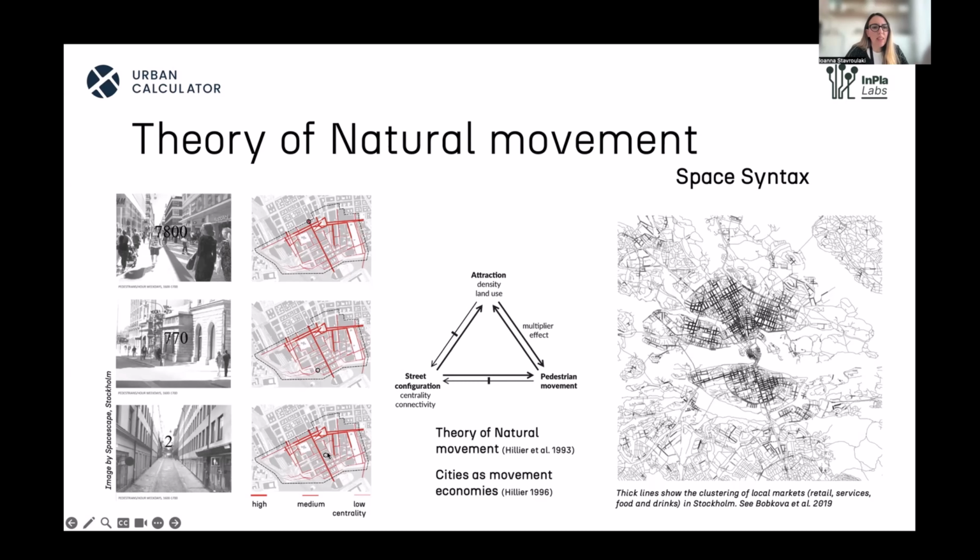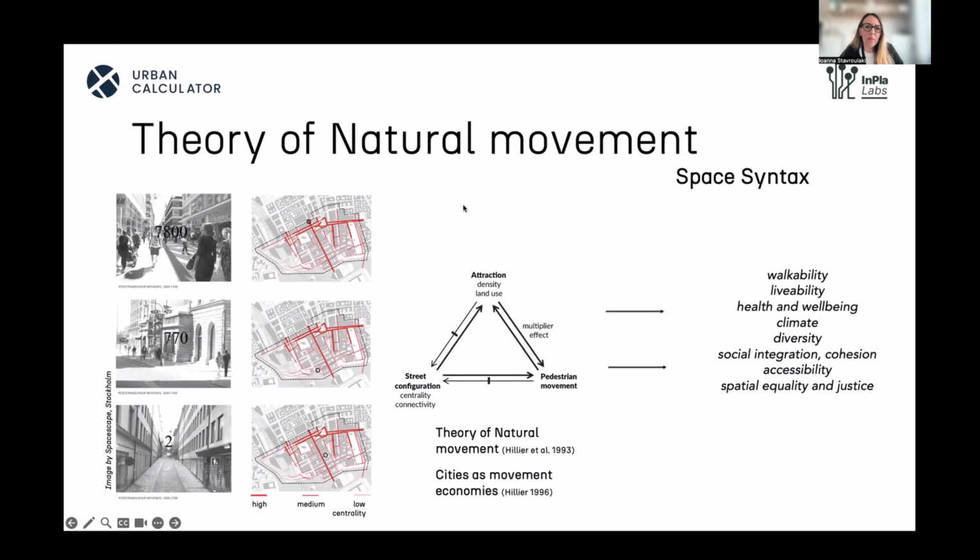And then on a smaller side street with very low centrality, almost a dead end, 2 people were counted. So you see that these streets were very close in terms of metric distance, but so much different in terms of their centrality, their connectivity in the network. And that made it so that one street had almost 8,000 people at the same time. A street very close by had 2 people. So this is the power of the street configuration, basically.